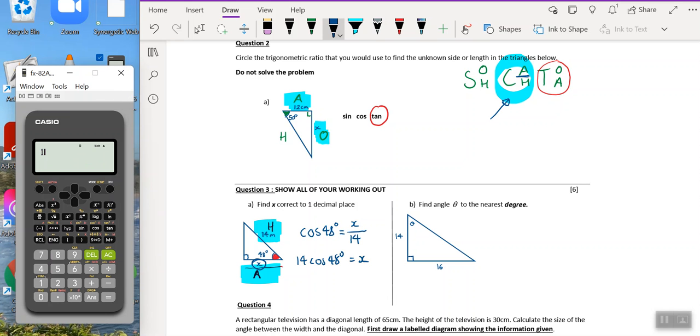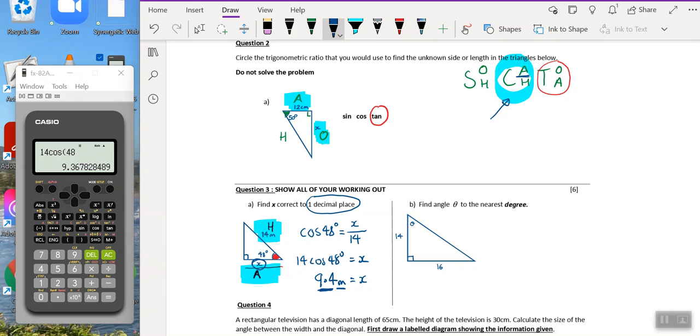So I'm going to my calculator and I'm doing 14 cos 48. Why don't you pause the video and do that yourself and make sure you get the same answer as me. I'm getting x equals 9.4 meters. So I'm remembering to put my units in and I'm remembering to round off to 1 decimal place because that's what it asked me for in the question.